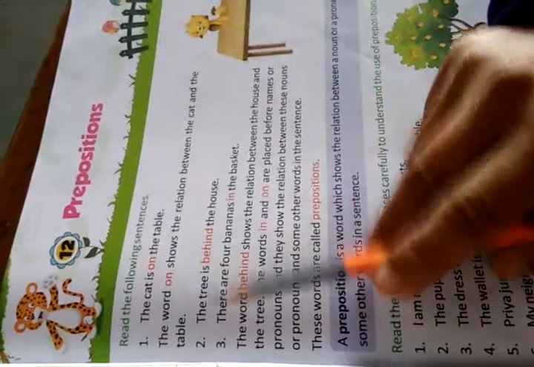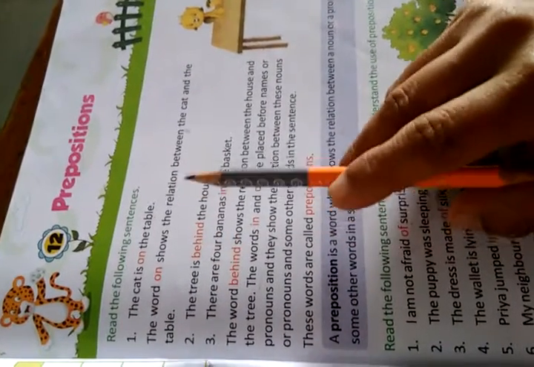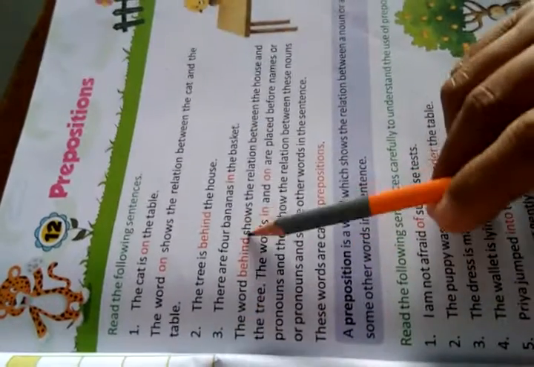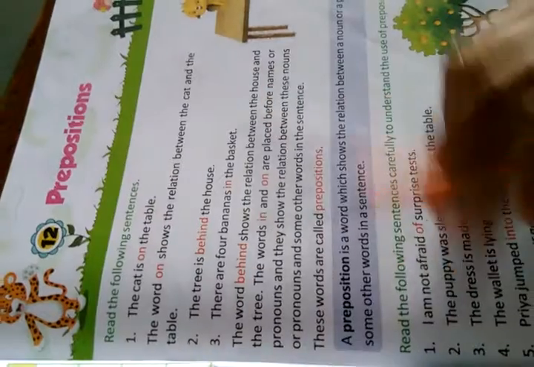This preposition shows the relation between a noun or a pronoun and some other word in the sentence. The word behind shows the relation between the house and the tree.